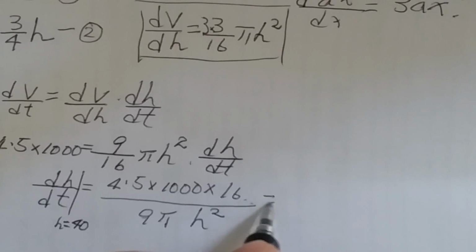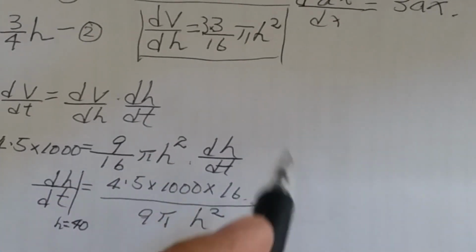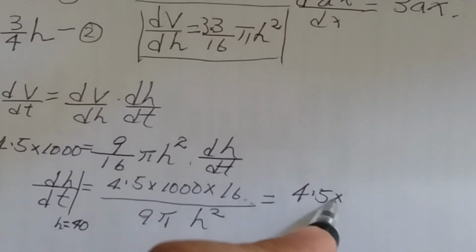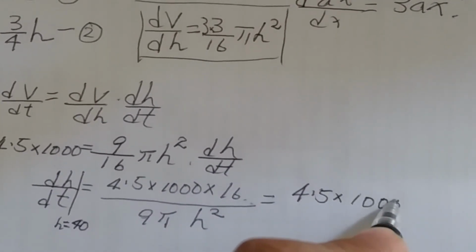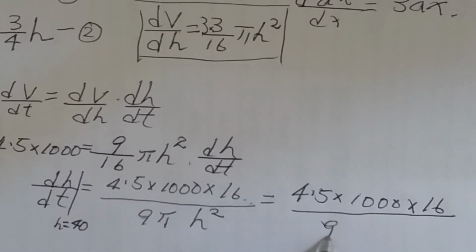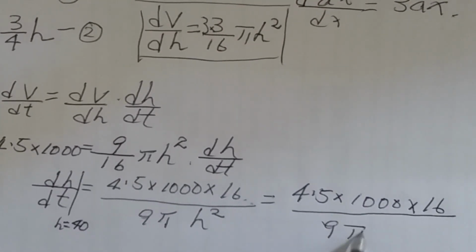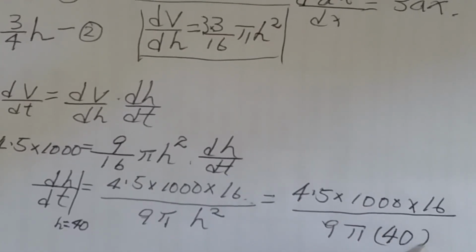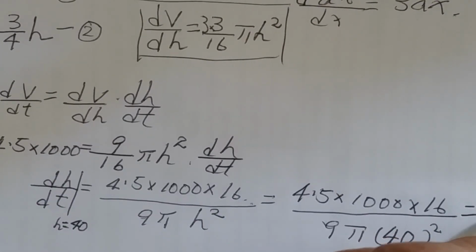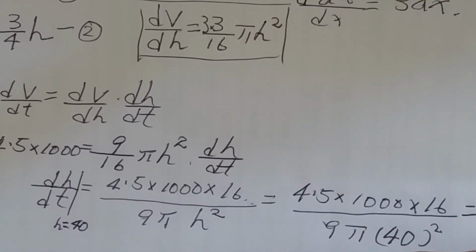Okay, so we have 4.5 times 1,000 times 16 times pi divided by 9 pi, and then this is 40 squared. If my calculation is correct, you have the answer per minute.